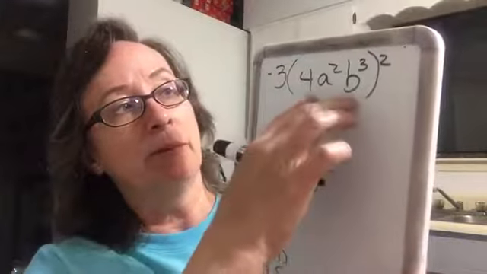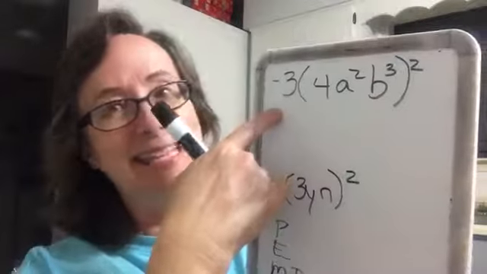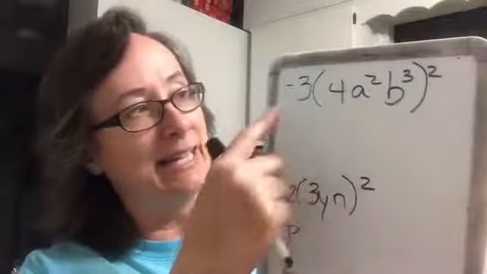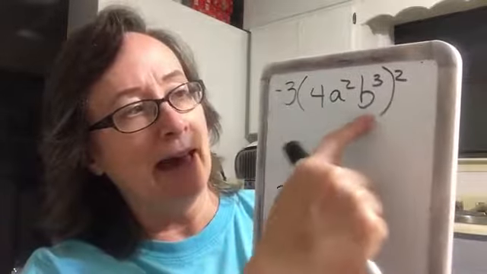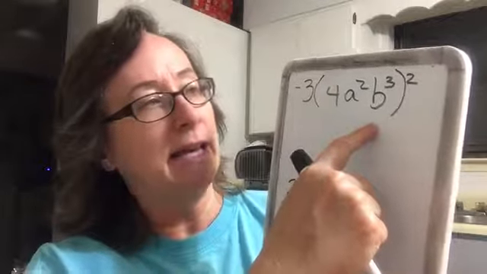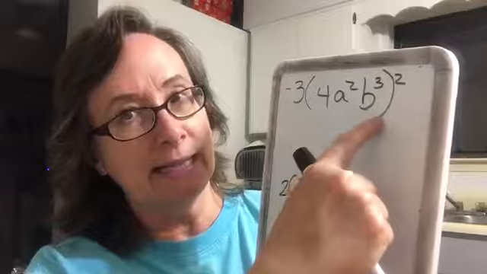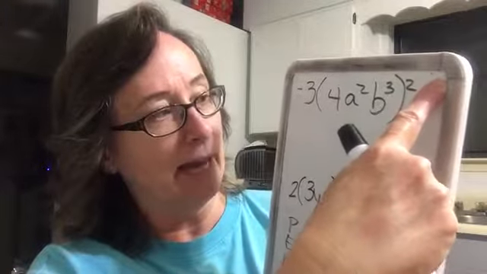So when we come up here, we have a parenthesis, we have the exponent. This little guy gets done last. The -3 in the front is going to get done last because we have to get this whole parenthesis taken care of. In order to get the parenthesis taken care of, we have to first take care of this, okay?